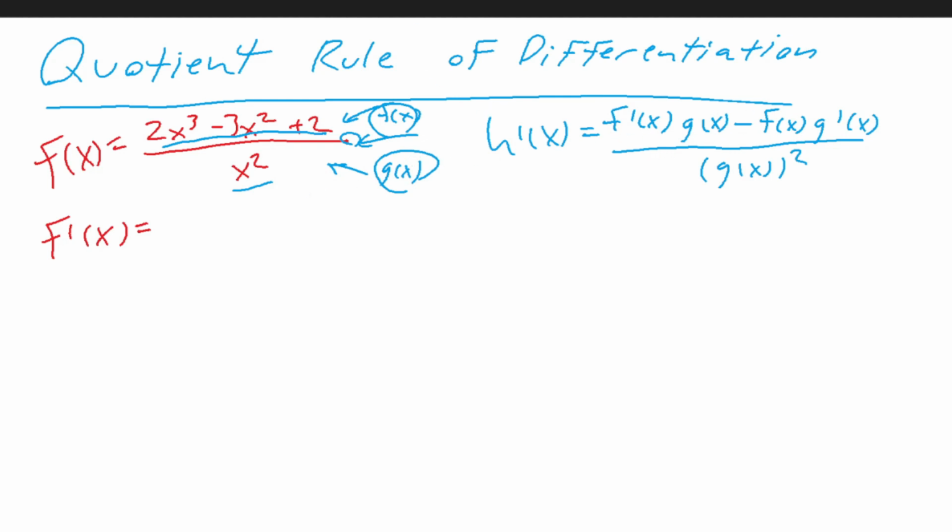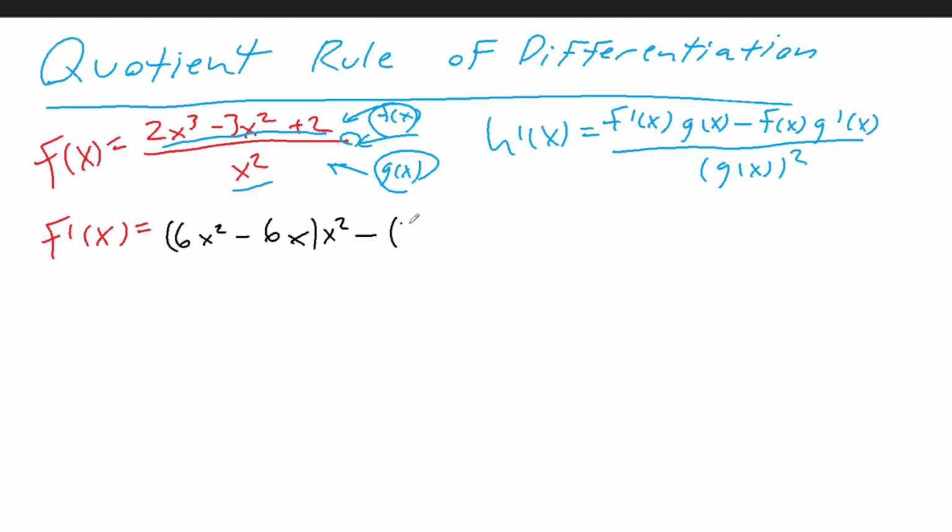So f prime of x, the derivative of the top, is going to be 6x squared minus 6x, and then the 2 is cancelled, it's just 0. The derivative of any constant is 0. So we have 6x squared minus 6x, and then we're multiplying this by the bottom as it is, by g of x. So times x squared, and then we're subtracting the top as it is, or f of x.